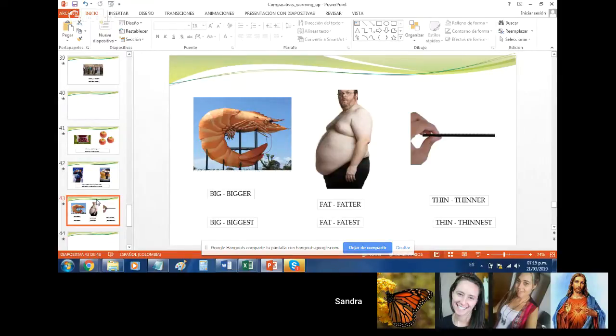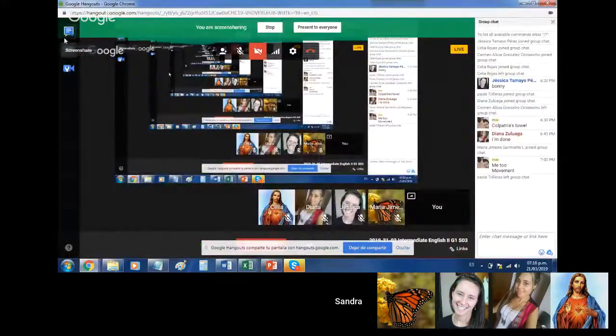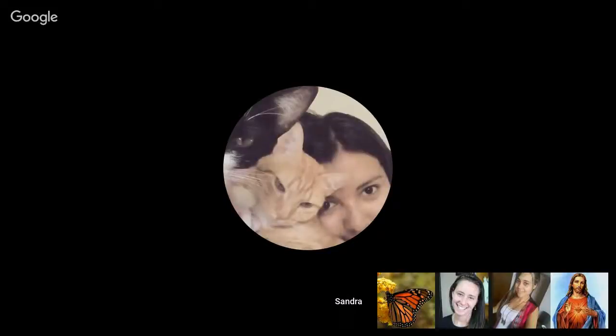Fat, fatter, fat, fattest. Thin, thinner, we double the last letter N, and thinnest in its superlative form. I'm going to send you the infography about this kind of topics.